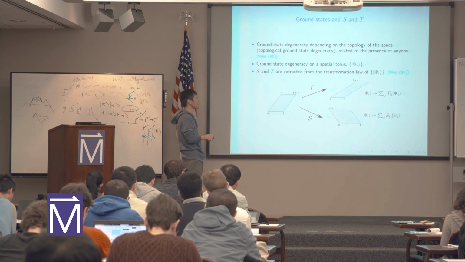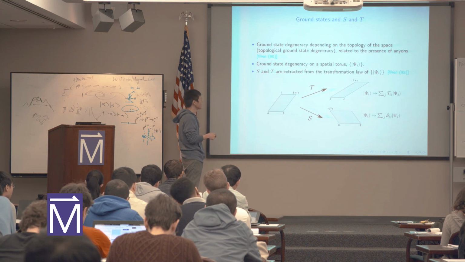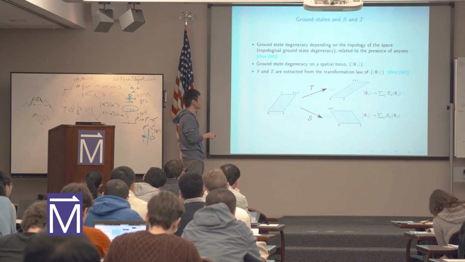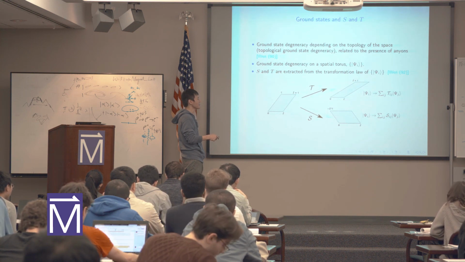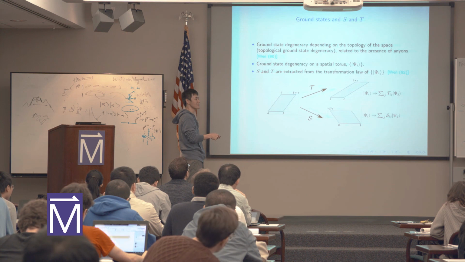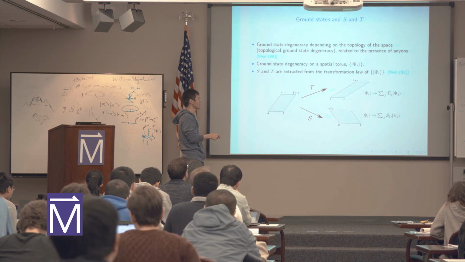So this should represent the same torus, although it looks different. That means if you start from here to here, your Hamiltonian goes back to itself, but the state may not. So that's why we get this. This is the T transformation.